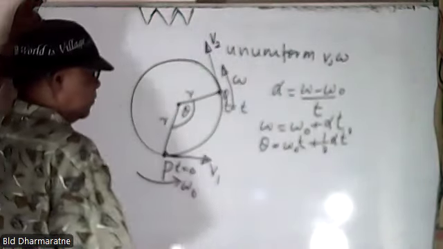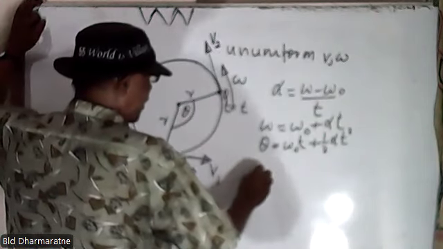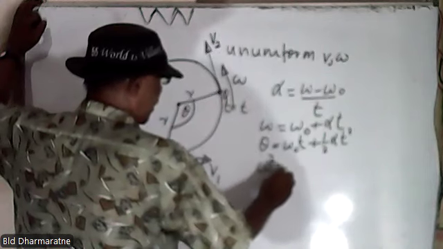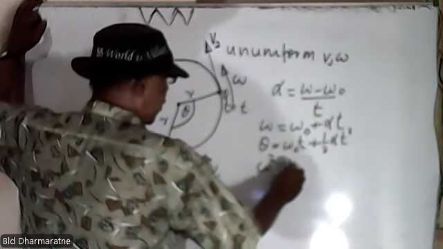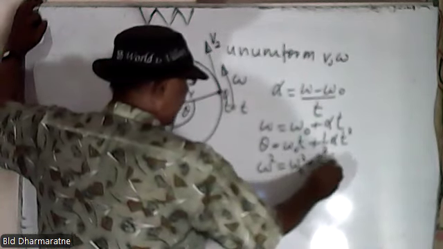Another one: omega squared equals omega naught squared plus 2 alpha theta.